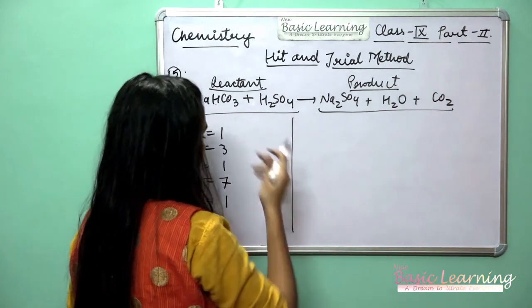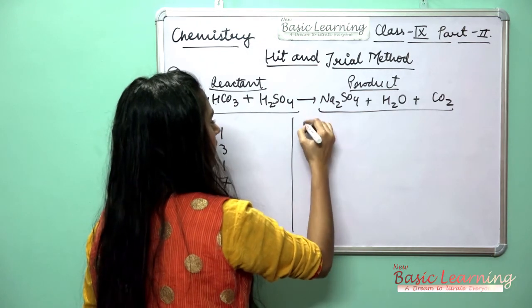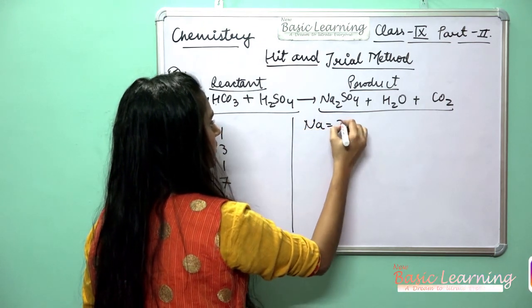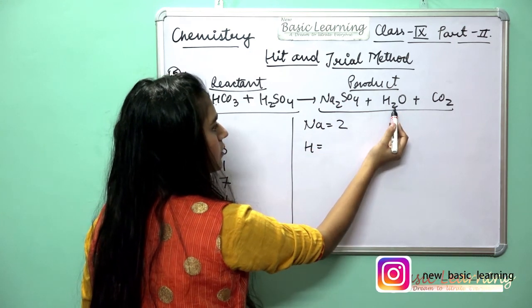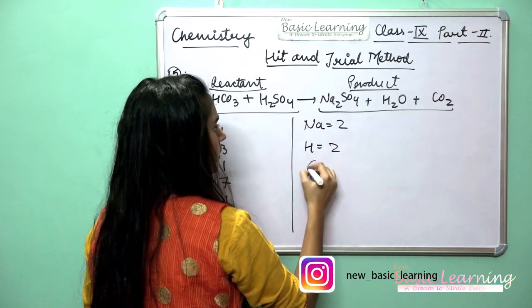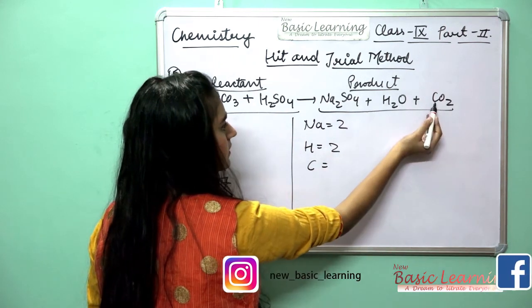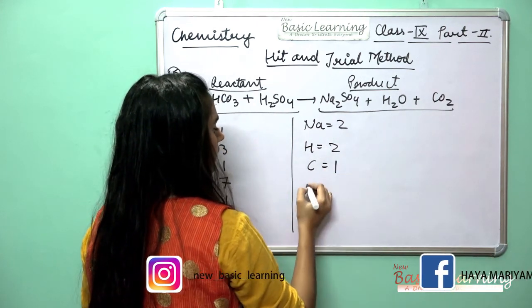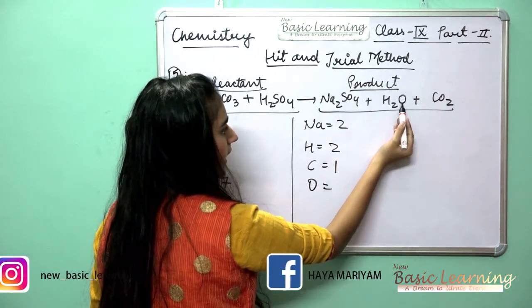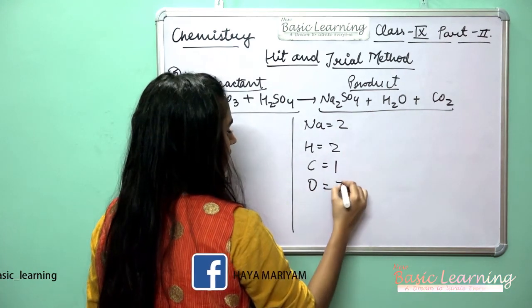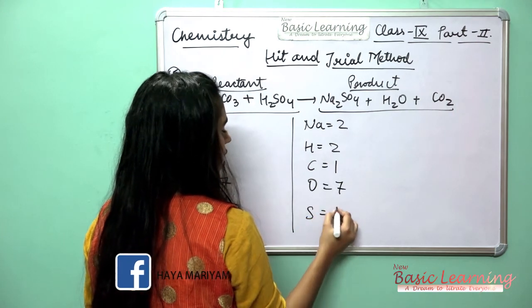Now on this side, sodium is 2, hydrogen is 2, carbon is 1 and oxygen is 4, 5, 6 and 7 and sulfur is also 1.